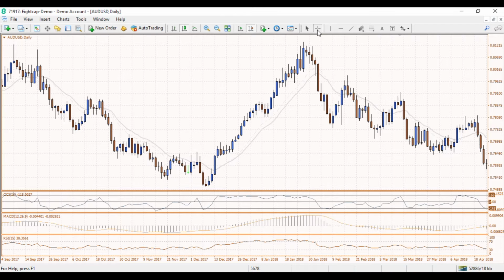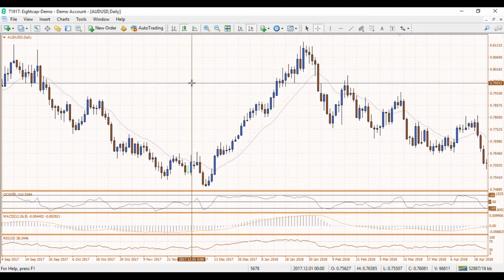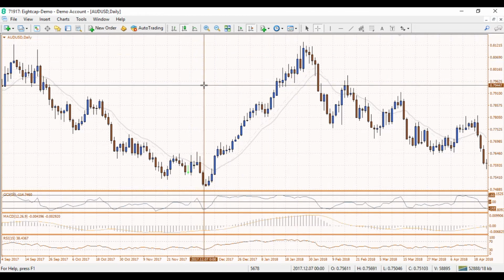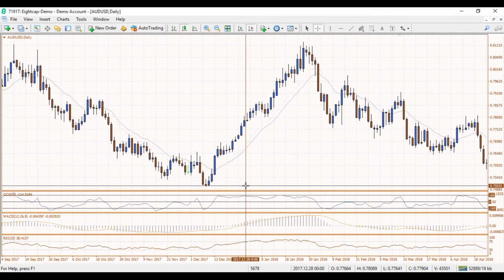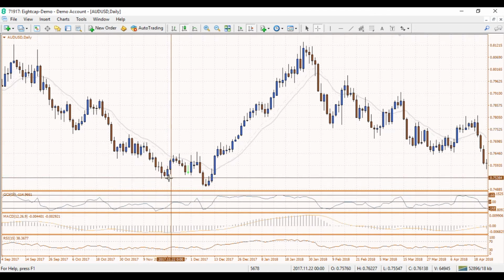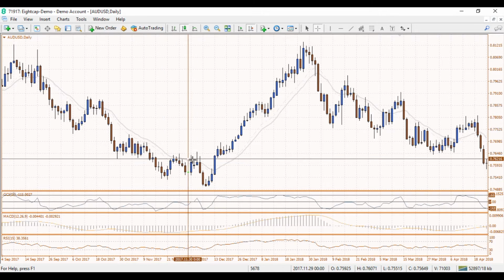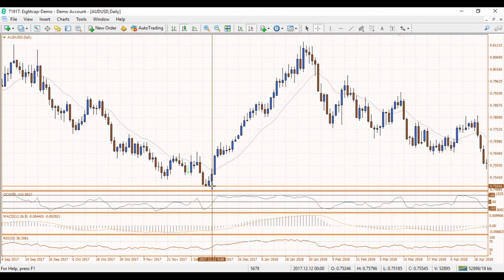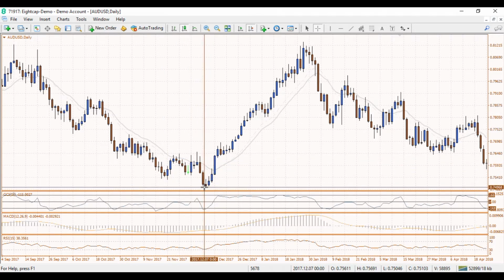Regular divergence is when, say in this example, the market's made a new low at this point, and you're looking at the CCI, MACD, or the RSI below, and you'll see that it's made a low here, which is going to be higher. Then the market's gone up, gone down, made a new lower low, but these indicators have made a higher high.